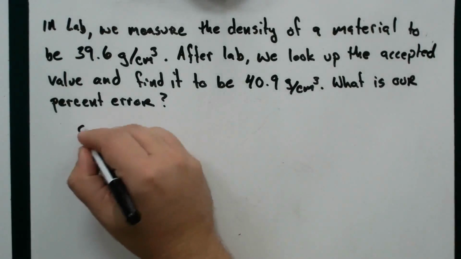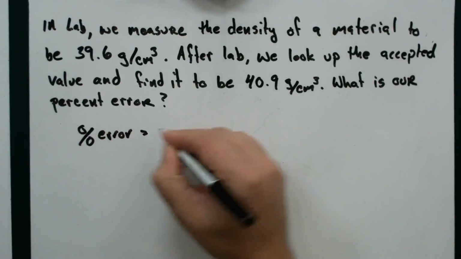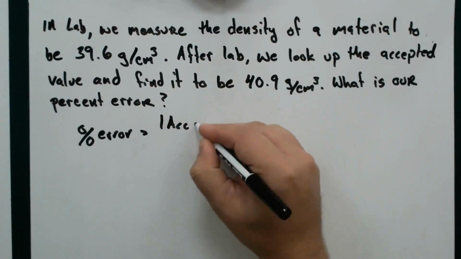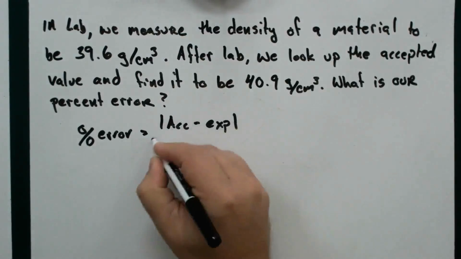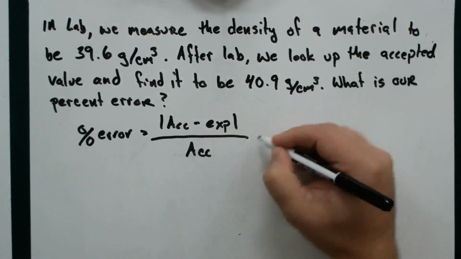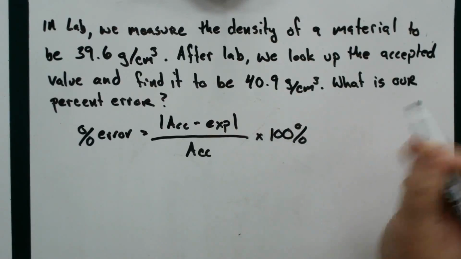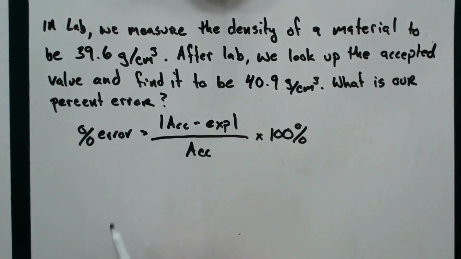So the percent error equation: your percent error is the absolute value of your accepted value minus your experimental value, divided by the accepted value, times 100%. These vertical lines are an absolute value.